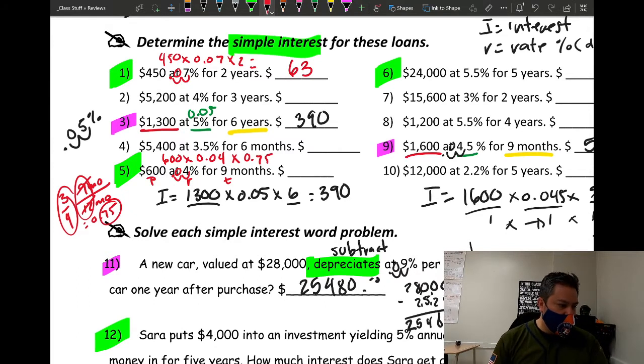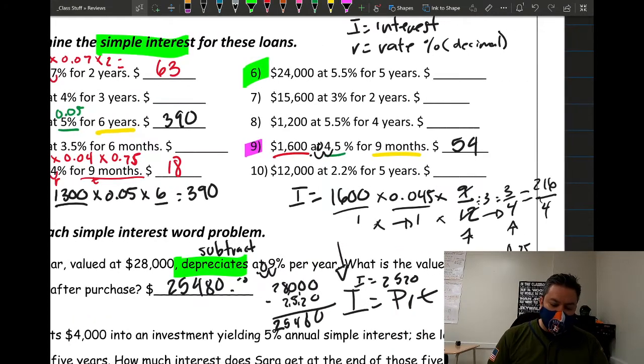So this is going to be 600 times 0.04 times 0.75, and it's going to give you $18. So whenever you deposit $600 at 4% interest rate after 9 months, you're going to get $18 extra in your bank account. So a total of $618.